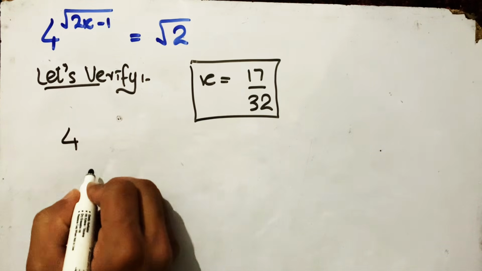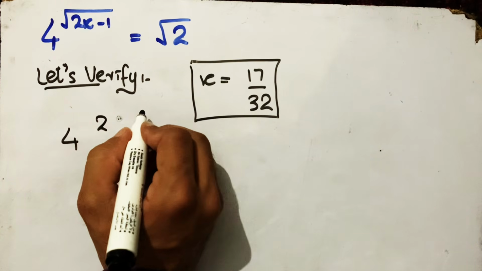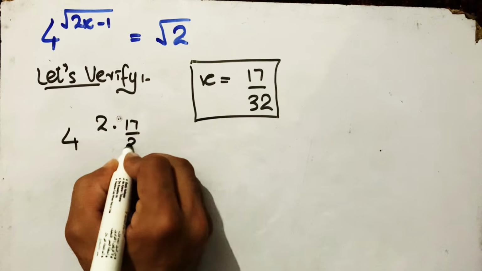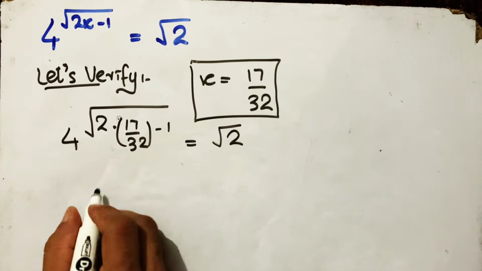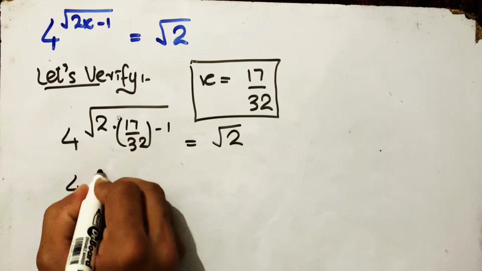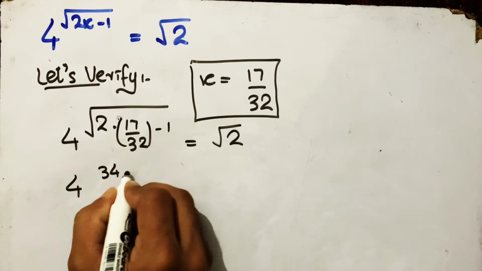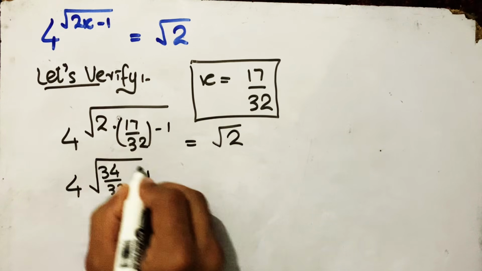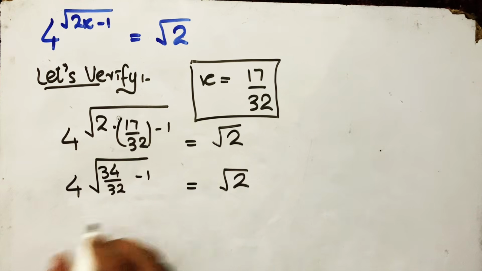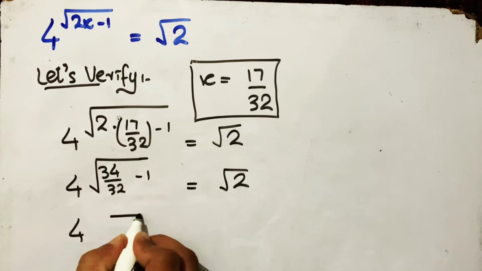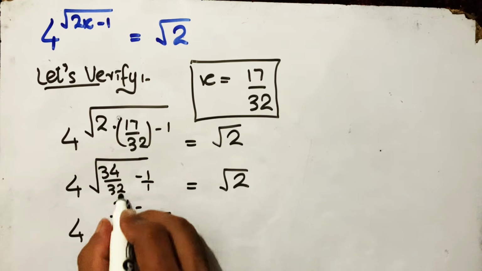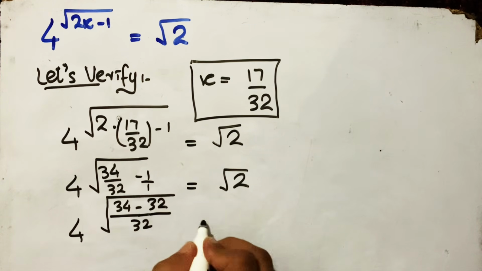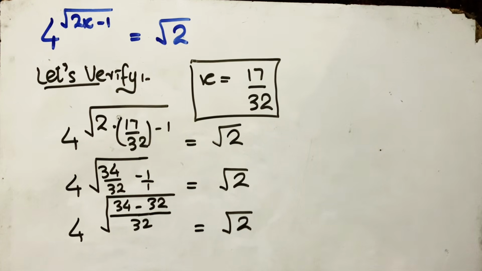The main equation will be 4 to the power of square root of 2 times 17 over 32 minus 1, equal to square root of 2. That is 4 to the power of square root of 34 over 32 minus 1. Take their LCM: 34 minus 32, over 32.